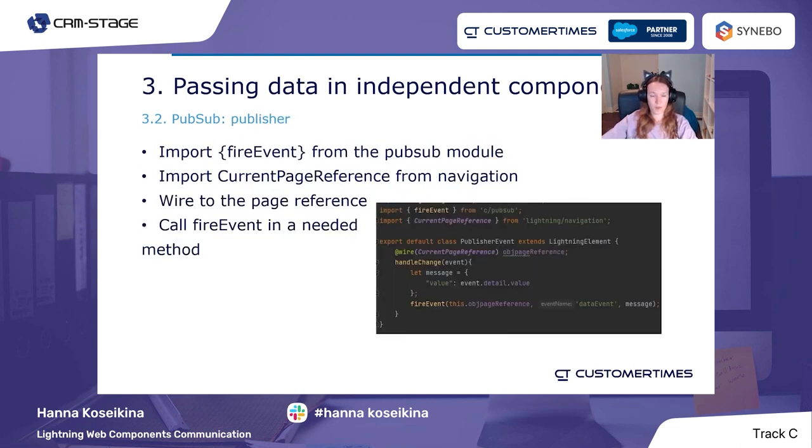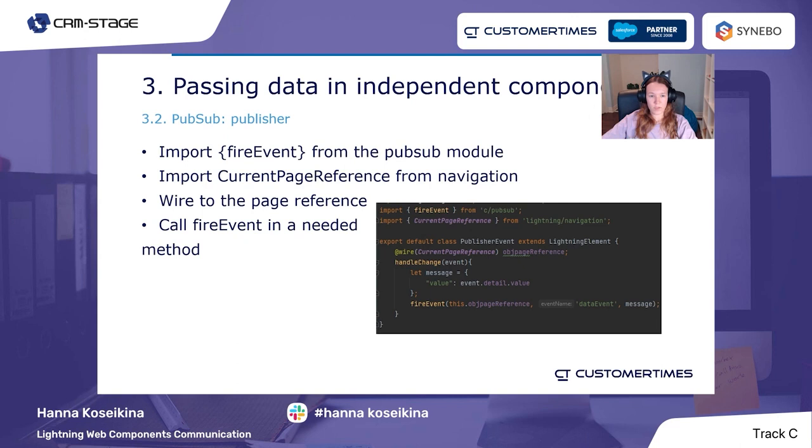And how do we do that? It looks a lot the same as Lightning Message Service. The difference is that instead of message context, current page reference is used. We need to import fireEvent from the PubSub module in the publisher, import CurrentPageReference from navigation, and wire to it.